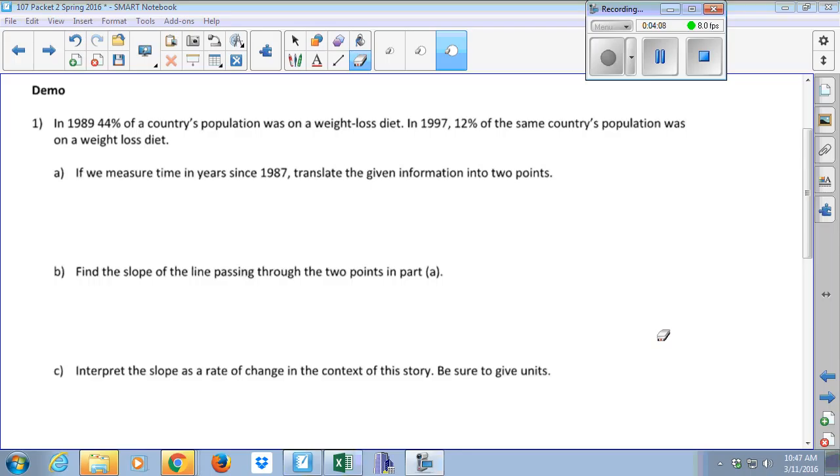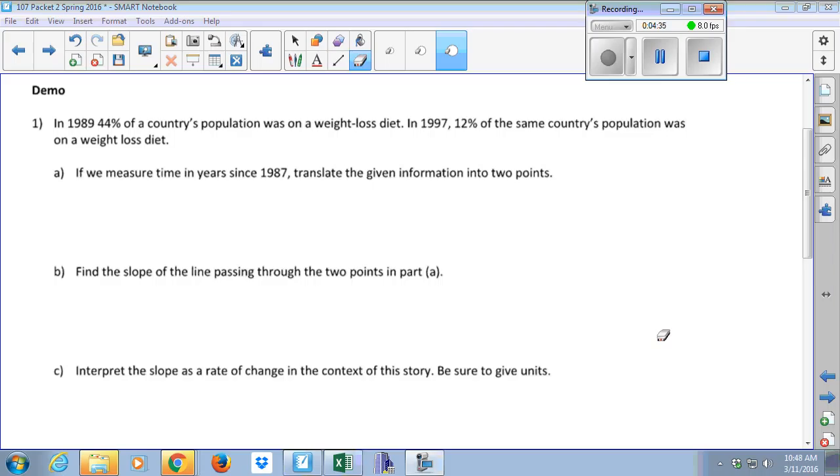The thing that's in this problem that depends on the time is what we're observing, what percent of the country is on this weight loss diet. Right? So the percent that's on the weight loss diet is paired up with a year. So we should be looking for an ordered pair that has a year in it and has a percentage in it.